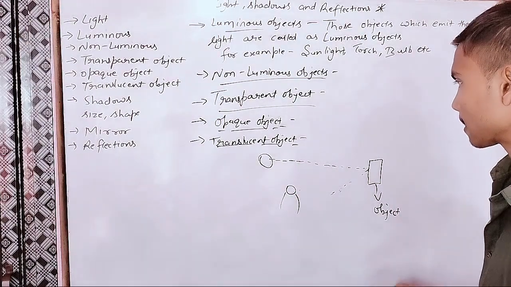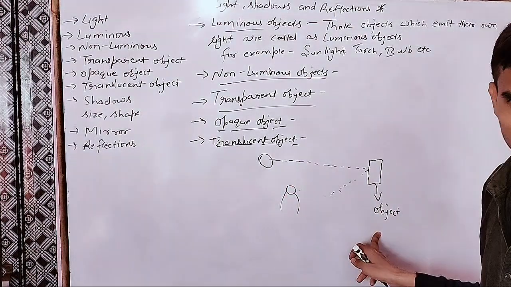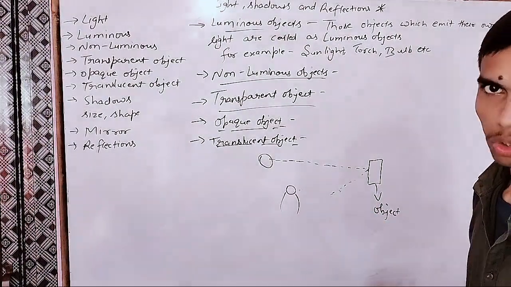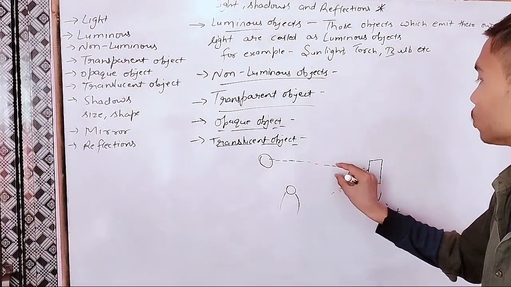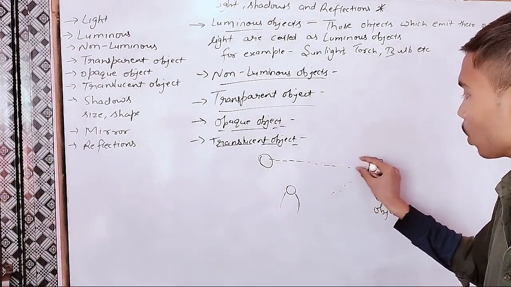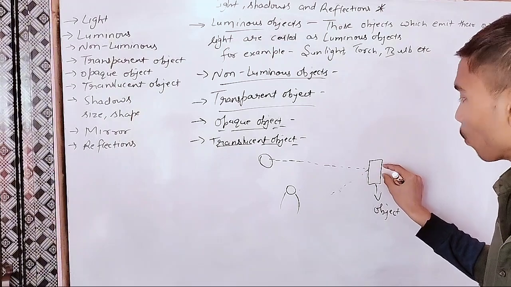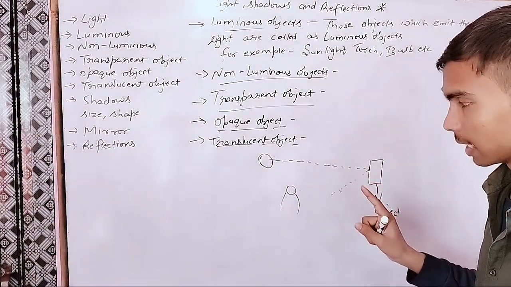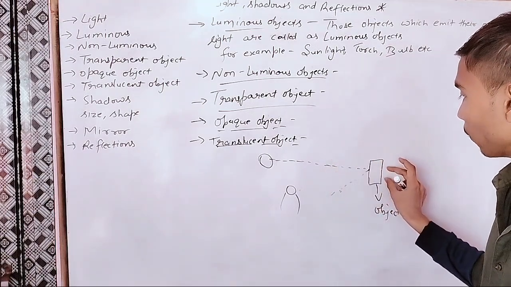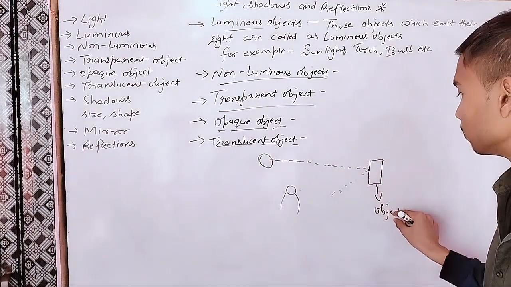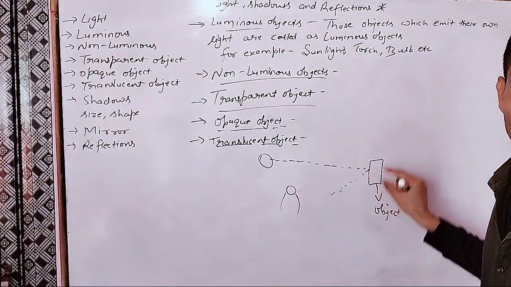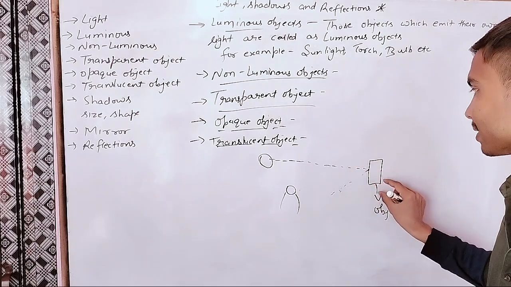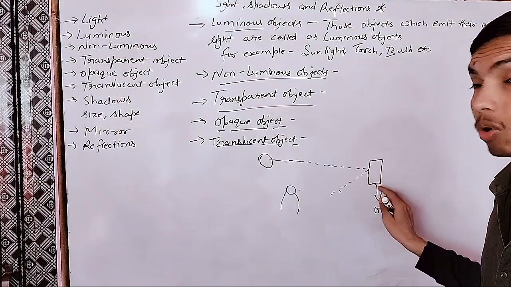You have an object here, and also you have a source of light. Some of the light will pass through this object, but some light will be blocked by the object.